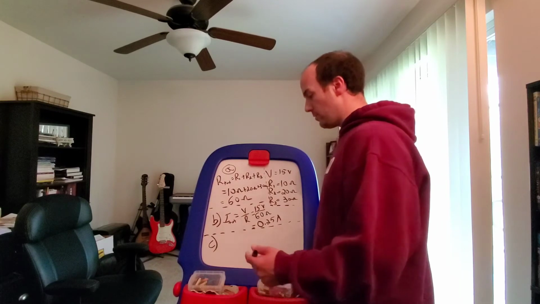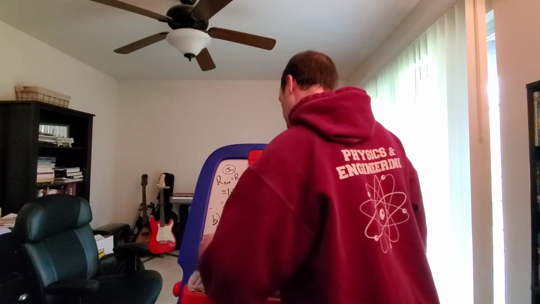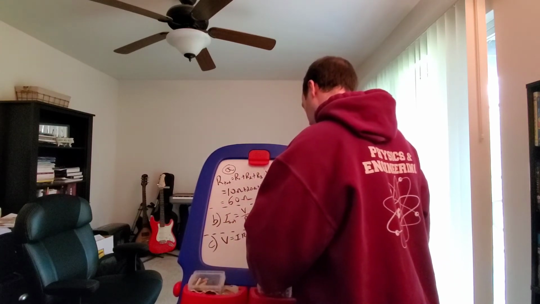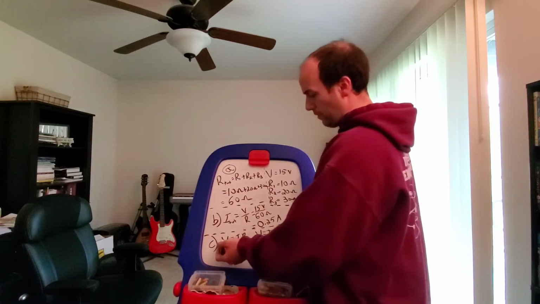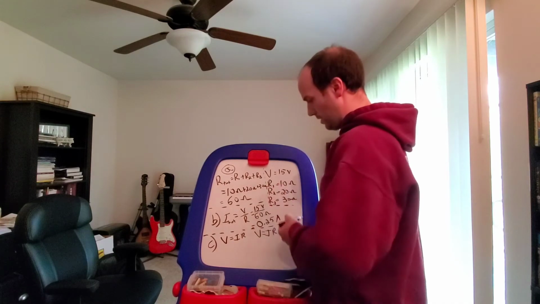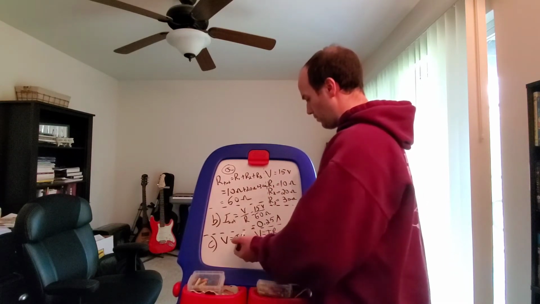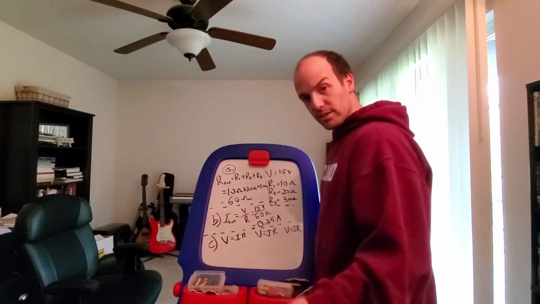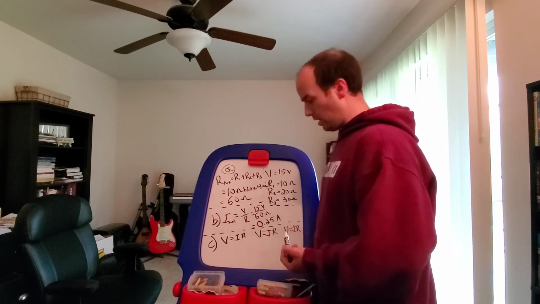And finally, part C, we wanted the electric potential difference for each resistor. So what we've got to do is set up V equals IR for each resistor. Now, we're looking for V. We know the resistance of each resistor: 10, 20, 30. What do we do for our current? Well, this is a series circuit, so every single resistor has the same current.